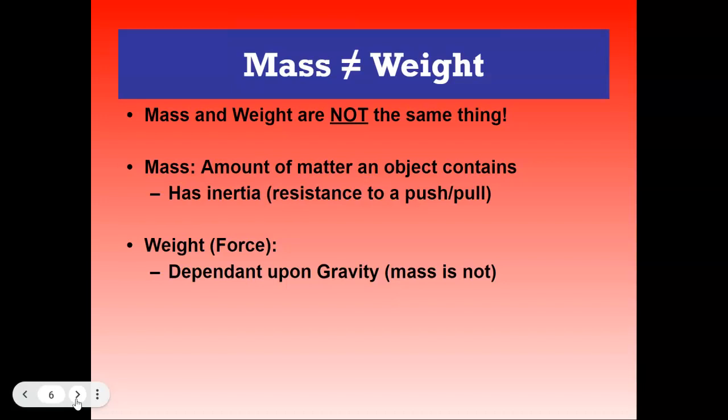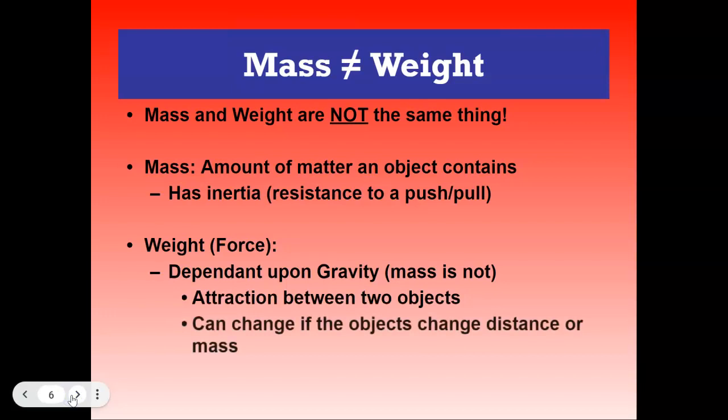The amount of stuff that makes you up as a person, that doesn't change, unless you lose fat or something like that. But in the context of just talking about the difference of being on the surface of the planet versus being an astronaut in outer space, the amount of stuff that makes you up as an individual stays the same, but your weight is dependent on the force of gravity.